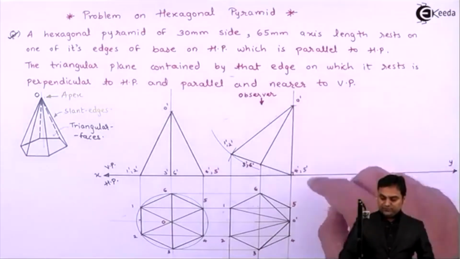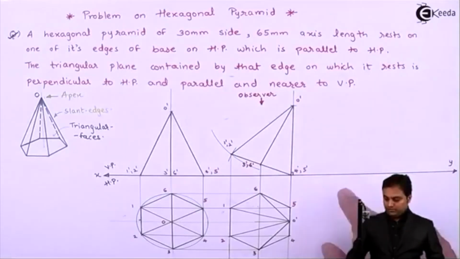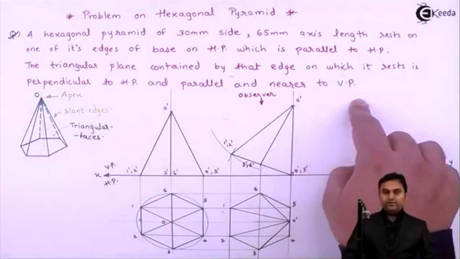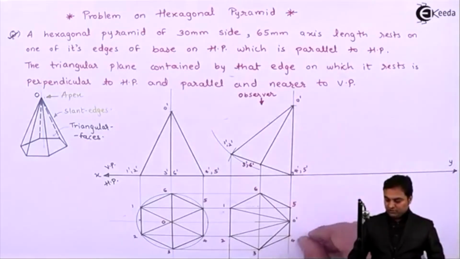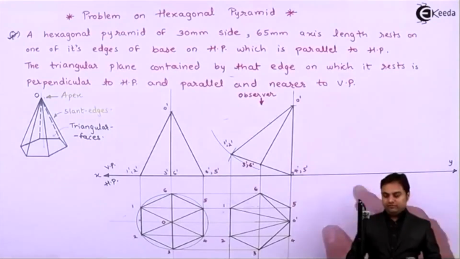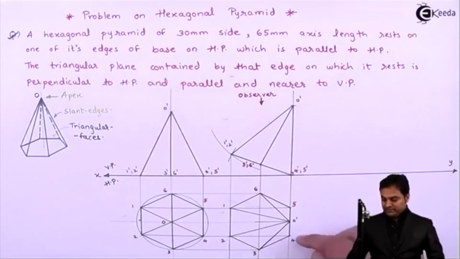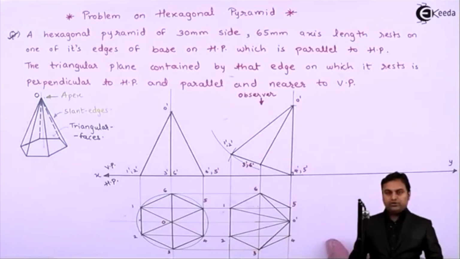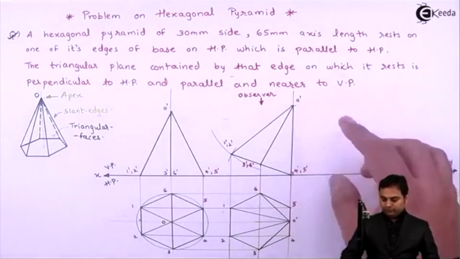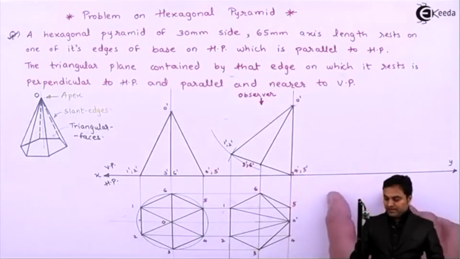That triangular face was perpendicular to HP. Now the same triangular face will be parallel to VP, and nearer to VP means we have to make this edge, which is 4 5, closer to VP. Otherwise we would have used the other condition as well, that is 4 5 would be drawn here away from VP, but since it is mentioned that we have to draw nearer to VP, this edge will be made parallel.